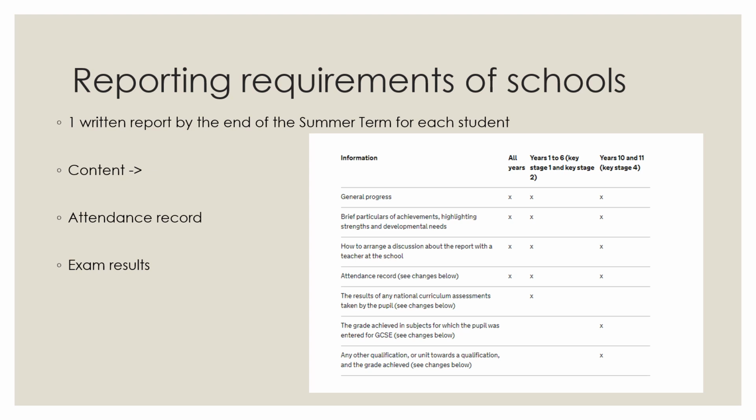What that can mean is either pupils get a really big report at the end of the year or they split it by terms. So we currently do that at our school. The diagram on this slide shows you the content that needs to be covered.